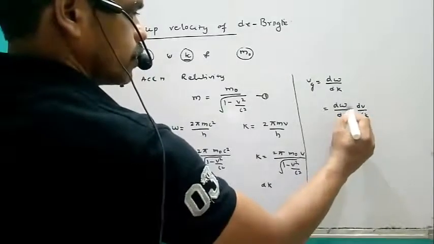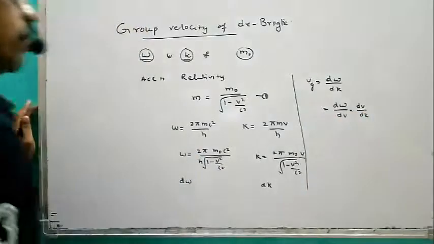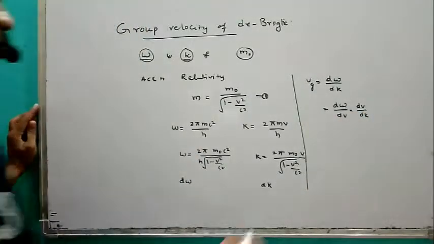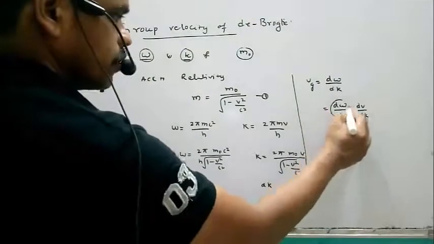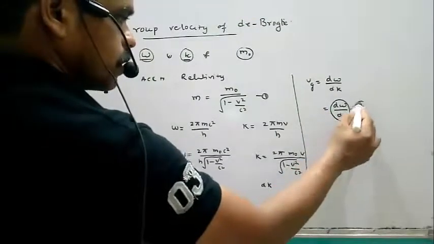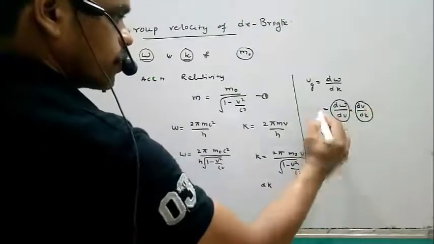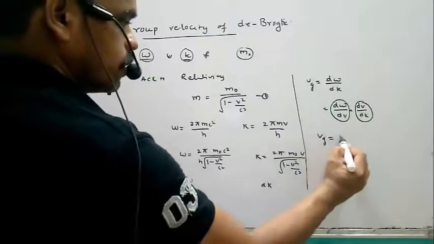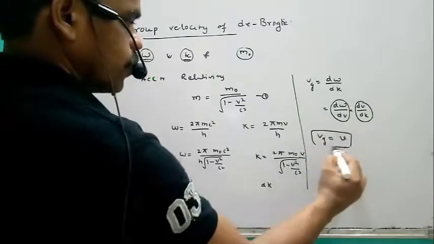We can write, so multiply and divide with dv. If we substitute d omega by dv, dk by dv, we get Vg equal to v.